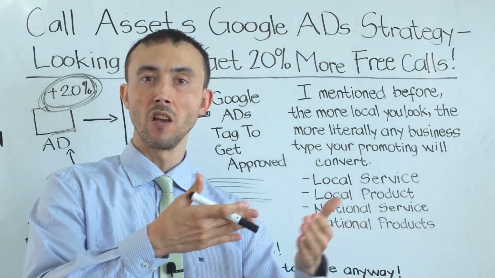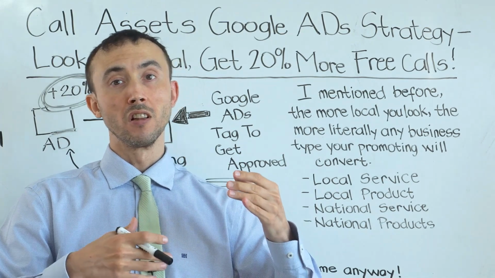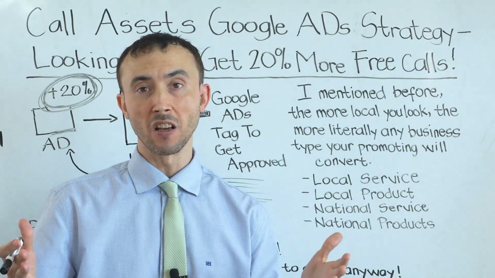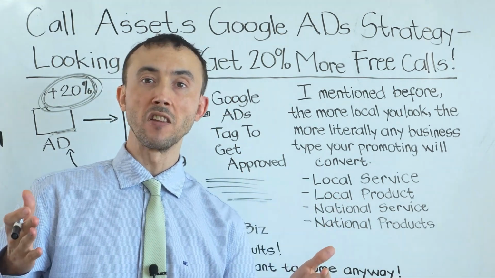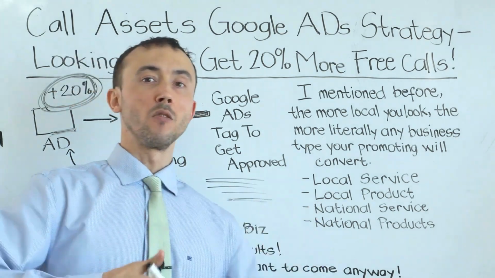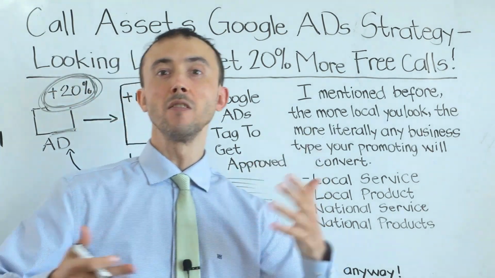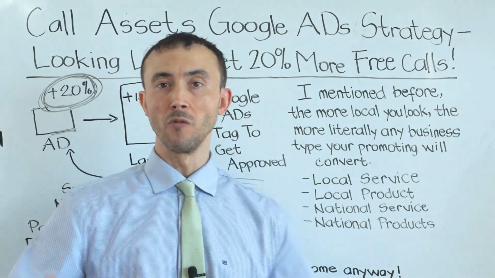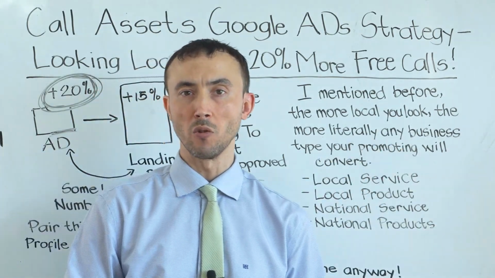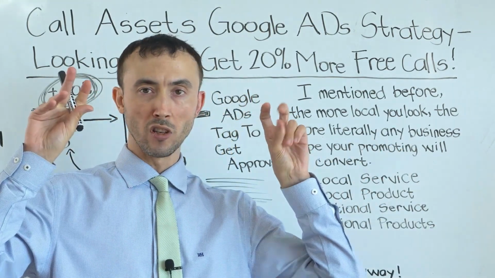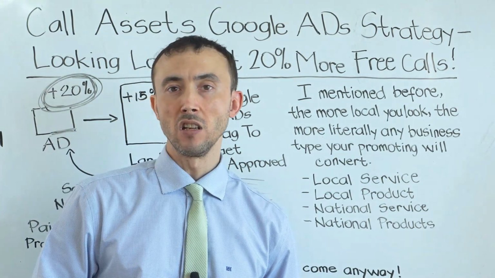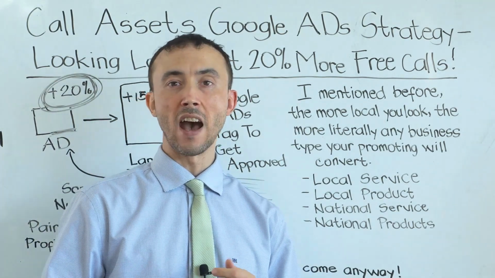Even though users like the idea of it being local, they're never going to come in 99.9% of the time. The location extension makes it look even more local, and therefore you're going to get the most click-through rate out of using this localization strategy to enhance click-through rates on your ads, or just calls.